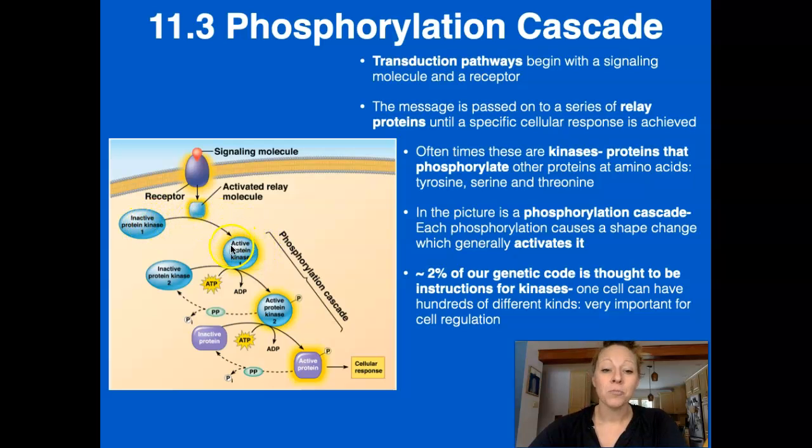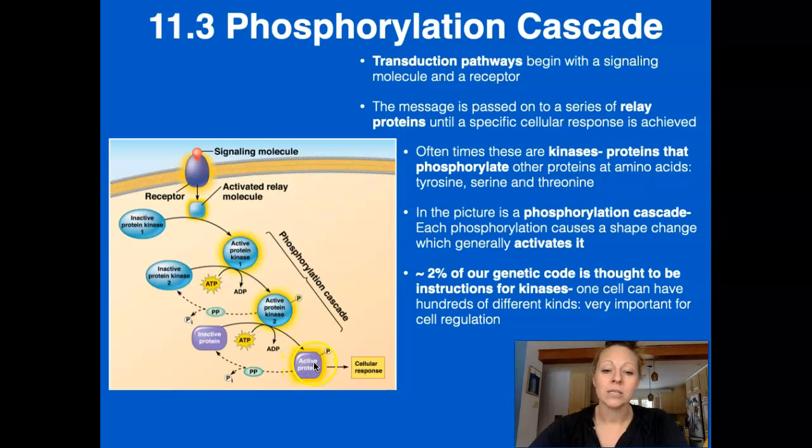That active protein kinase is going to do its job, and it's going to add a phosphate group, right, to another inactive protein kinase, and it's going to activate another protein kinase. And here we have yet another inactive protein, and that kinase is going to take a phosphate group, and it's going to activate that protein.